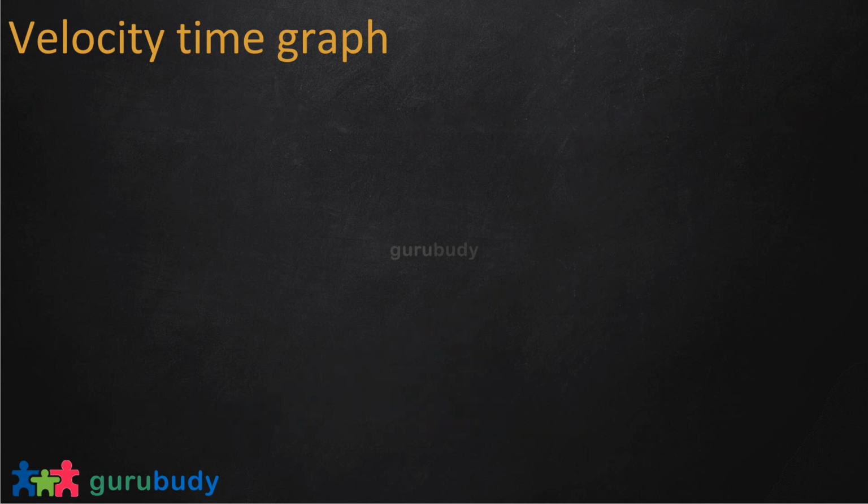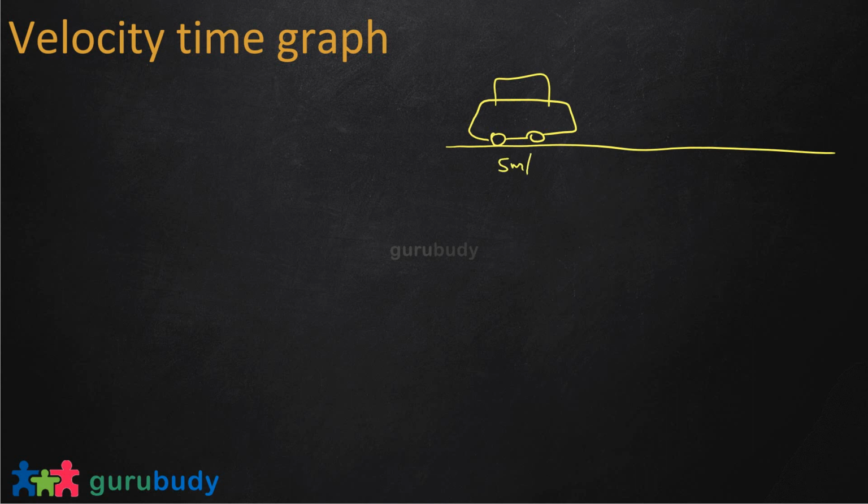So let's consider an example here. Imagine we have a car. It was at a velocity of, let's say, 5 meters per second, and let's say this is my reference point, so 0 seconds is the time when I started looking at this motion.